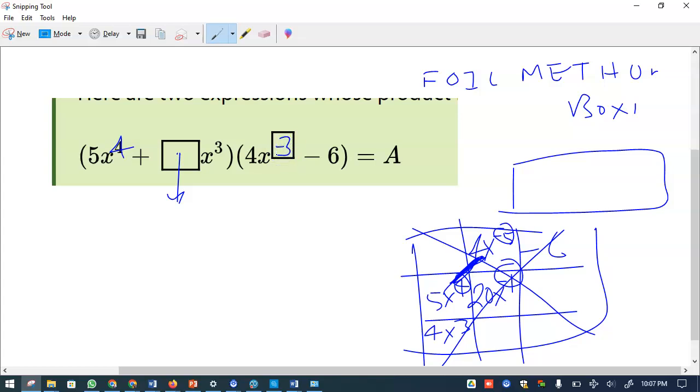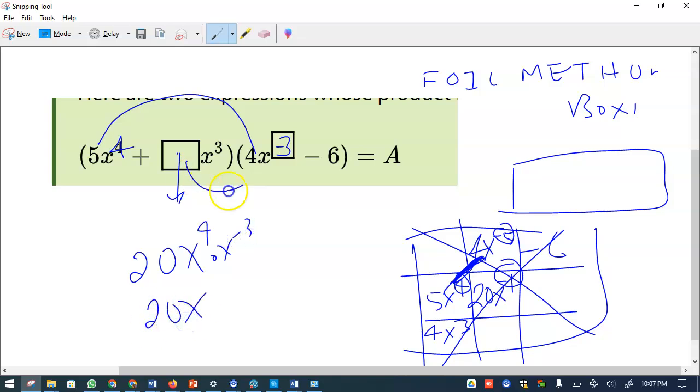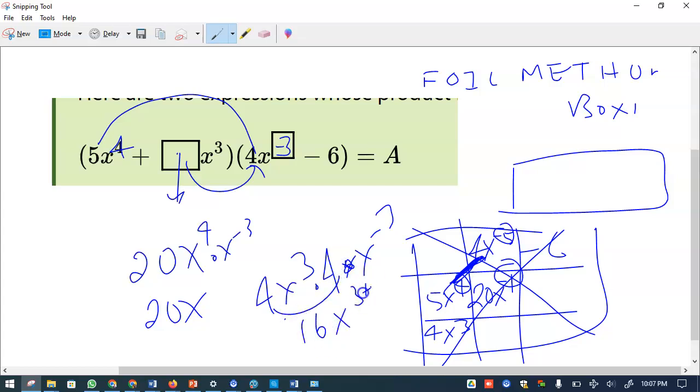See, the beautiful thing is this will help because when you multiply this one, you get 20x raised to 4 times -3, which is 20x. And if you multiply this, that will give you 4x raised to 3 times 4x raised to -3, which is 16x raised to 3 plus -3, and this will be 0.